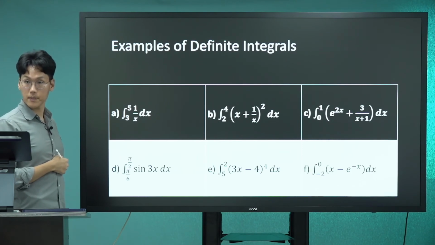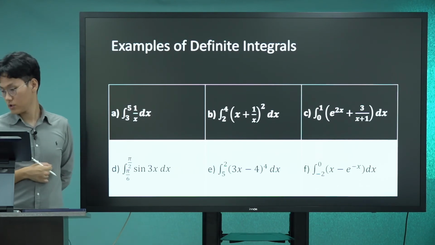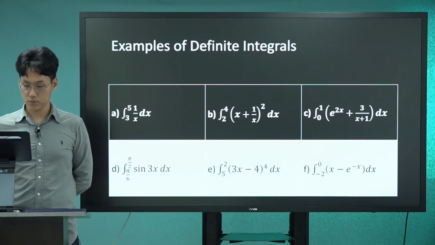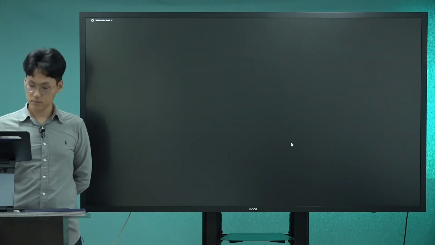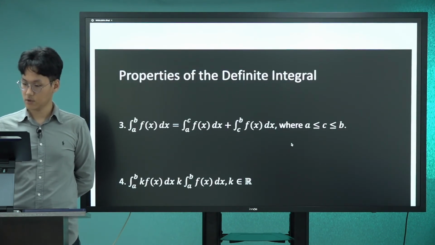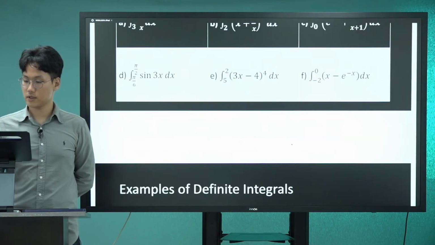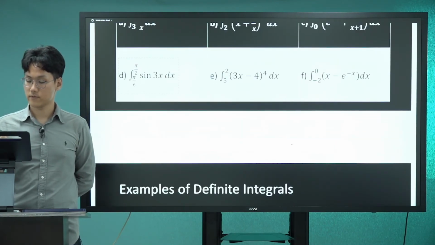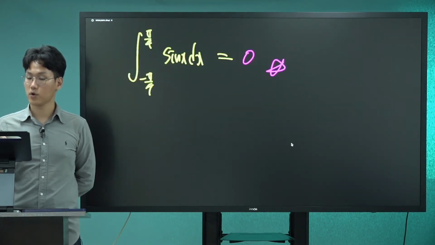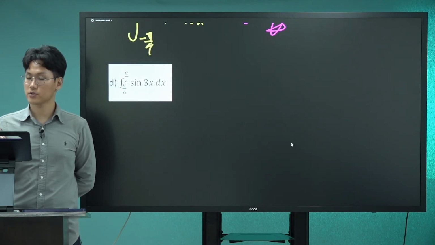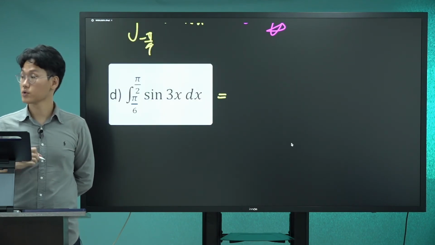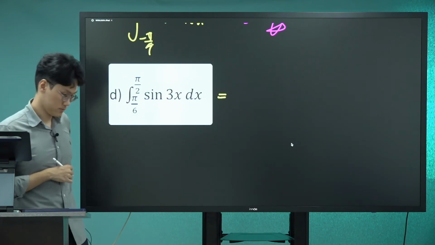Okie dokie? So, if I go to the example of 54, check this out. For part D, by using the fundamental theorem of calculus, this would come out to be who? Who's going to come out as a coefficient?